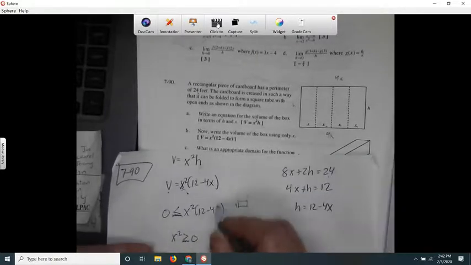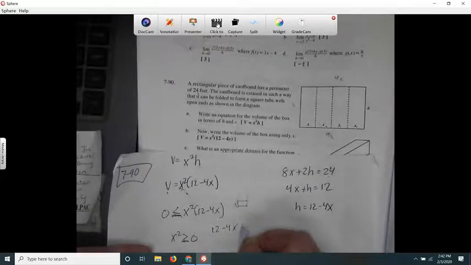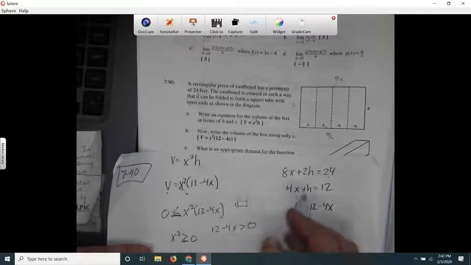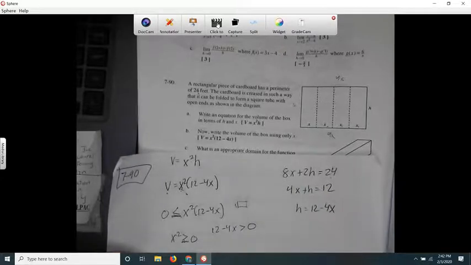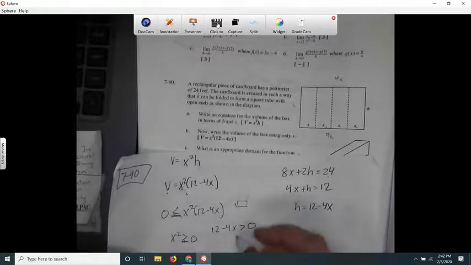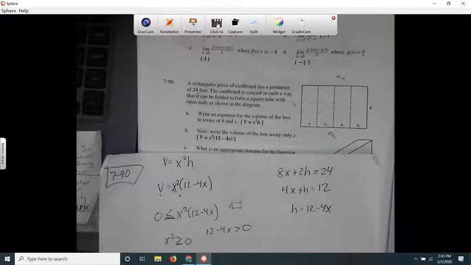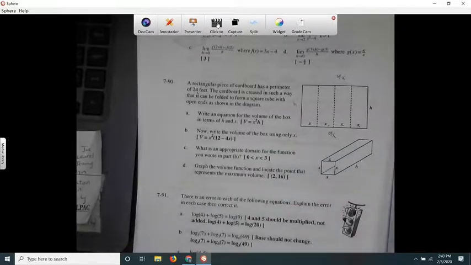It actually shouldn't be greater than 3, because it's less than 3. It's subtracting the 4x. Since we can already assume x is greater than 0, I just put x squared times (12 minus 4x) is greater than 0, and solved that.